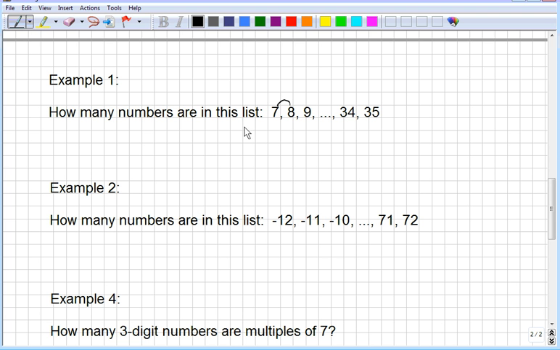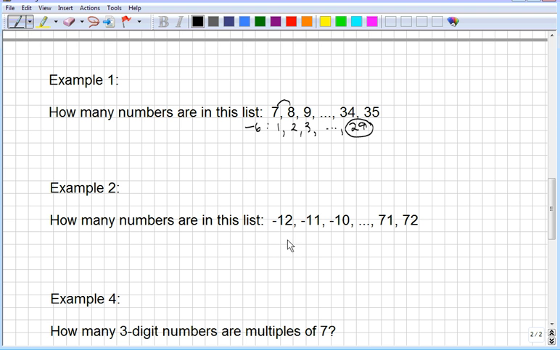So if we just shift this list by subtracting 6, then we'll get 1, 2, 3, and so on, all the way up to 35 minus 6, which is 29, right? So the answer is that there are 29 numbers in this list.